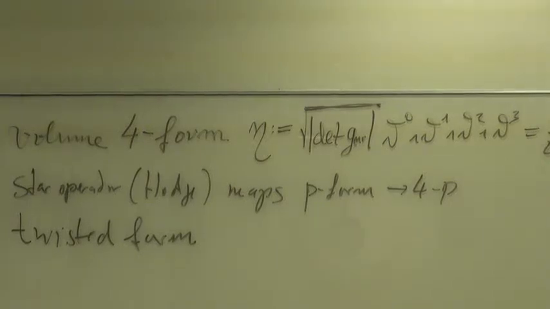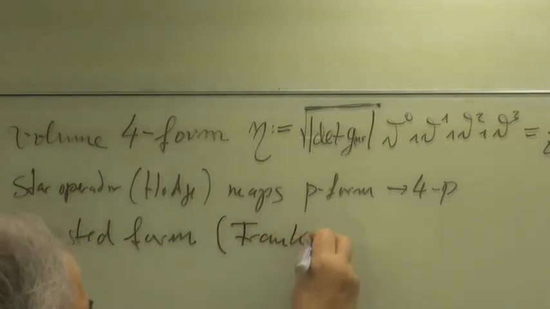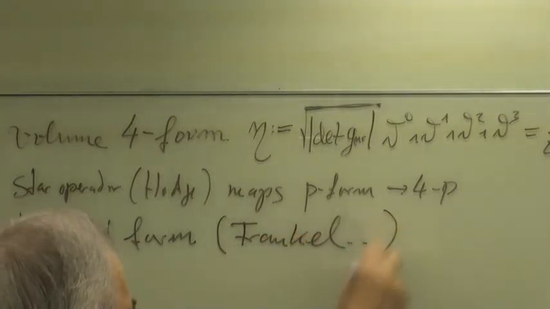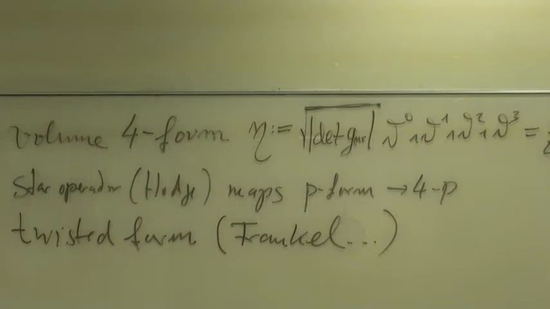It behaves differently under reflections. If you want a decent discussion, I already several times pointed out the book of Frankel. And the Hodge star is a twisted operator which makes out of a twisted form an untwisted one and vice versa.